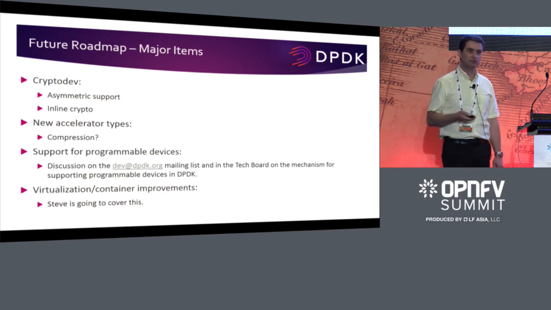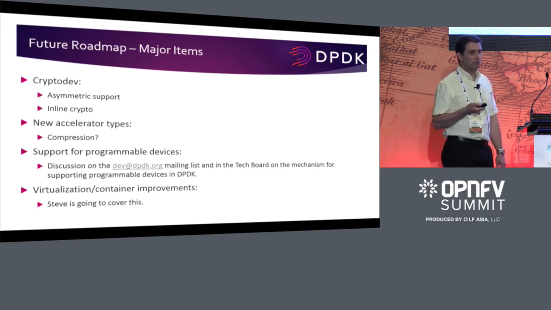There's also discussion, for those of you who follow the development mailing list, you may have seen, on inline crypto capabilities. So we've been looking at enabling inline crypto on some existing devices, and there's some interesting discussion amongst the different vendors on the way to do that and trying to find a generic solution that suits every vendor's models.